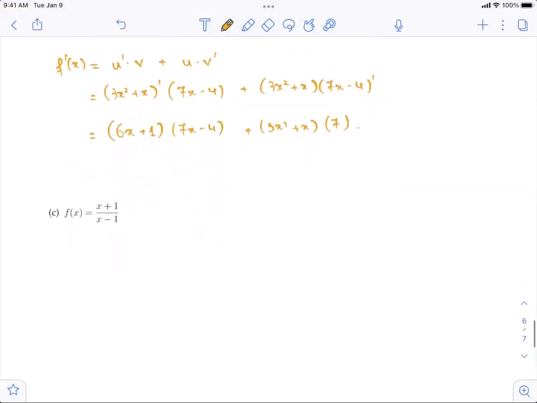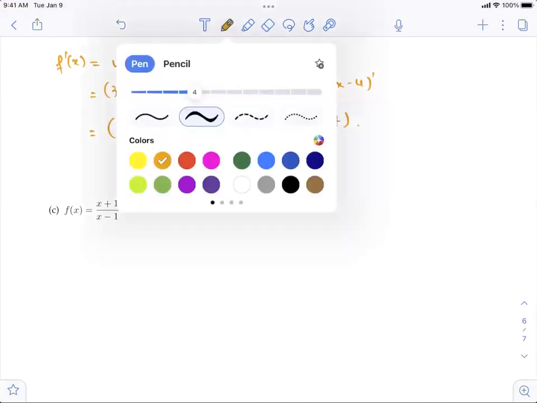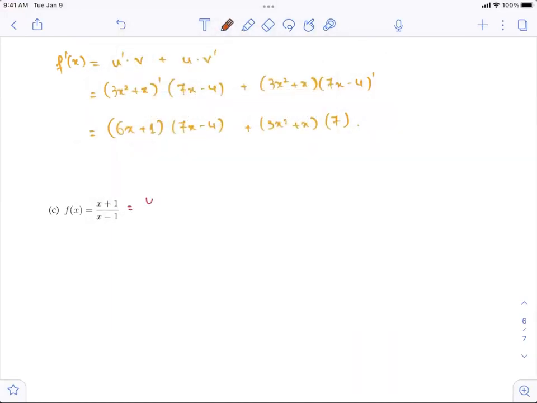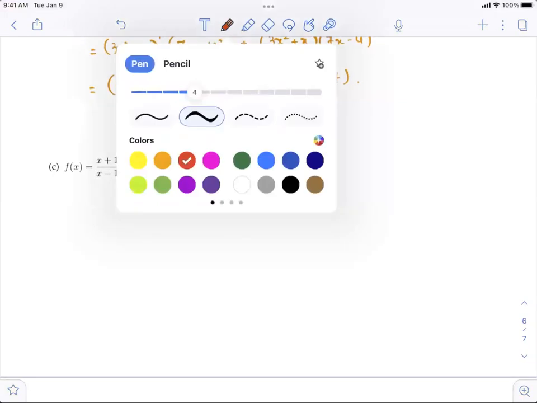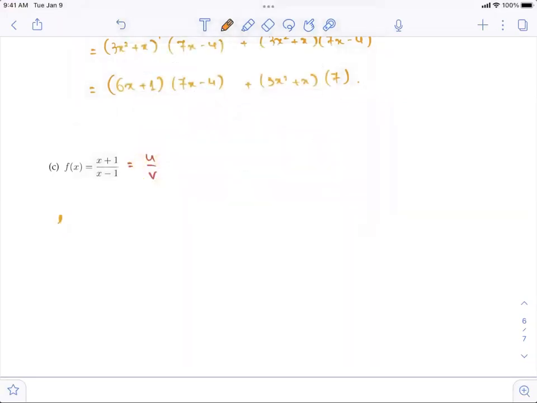Now for the last problem, you have a quotient, right? So this is u over v, right? So you apply the quotient rule here. It's easier to do so in that sense. So f prime of x is equal to u prime times v minus u times v prime over v squared.